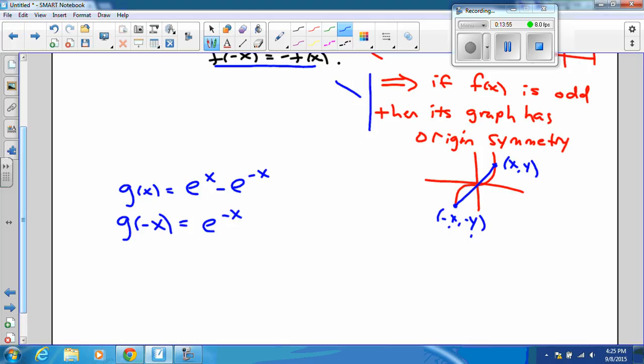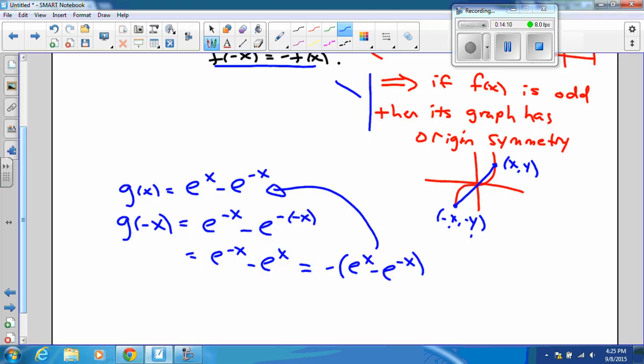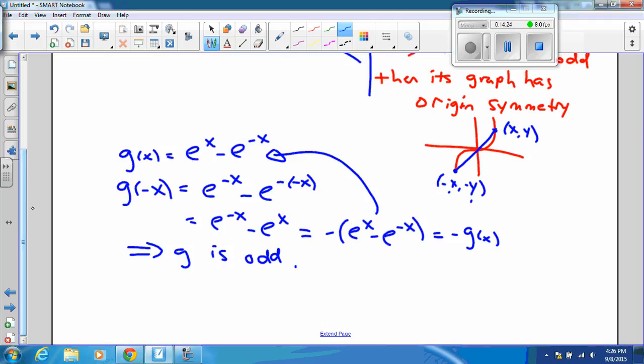And when I plug in negative x, and simplify just a little bit, then I can see that this is exactly equal to the opposite of the original g of x, just like that. Therefore g is odd.